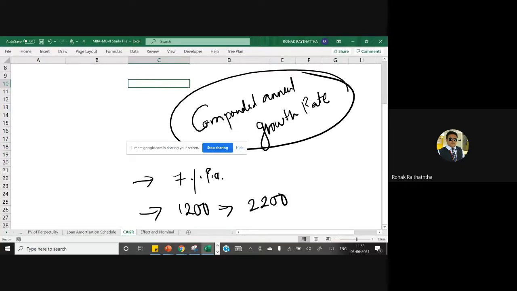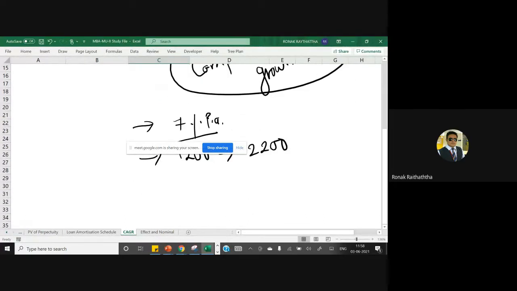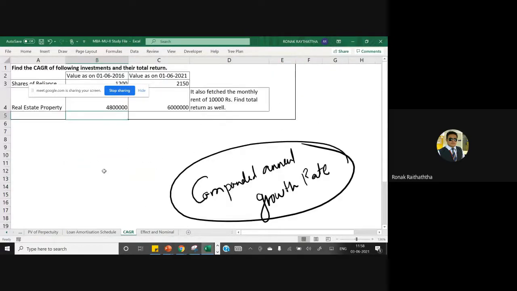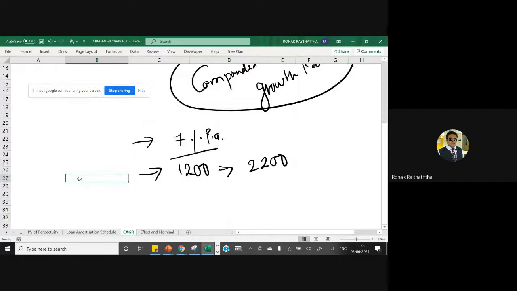How do you compare the performance of these two alternatives? One is in absolute percentage, another is in amount. So what is exactly the growth rate at which the value of shares of Reliance has grown over a period of time? That can be identified by using the formula of CAGR, the compounded annual growth rate.